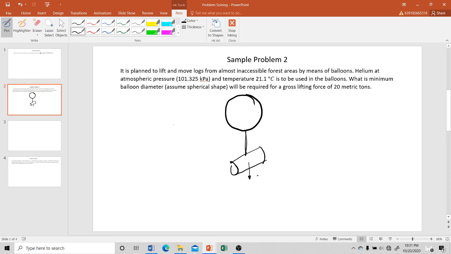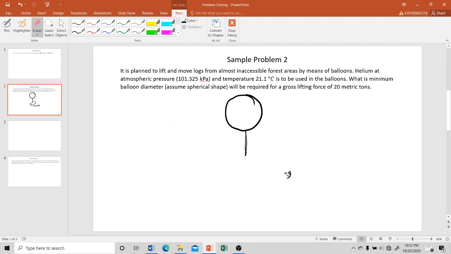In terms of kilogram, in 1 metric ton we have 1,000 kilograms. So 20 metric tons, 20 times 1,000, we have 20,000 kilograms.